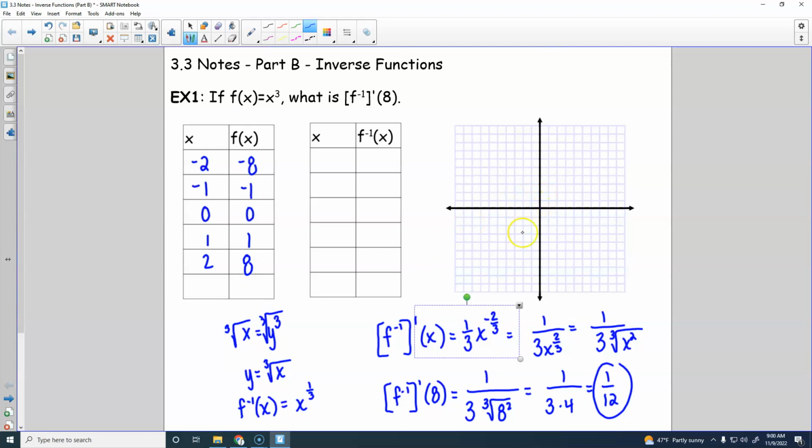So if I graph those points, I've got -2, -8, -1, -1, 0, 0, 1, 1, and 2, 8. Okay, this graph that I have just graphed is my f of x.